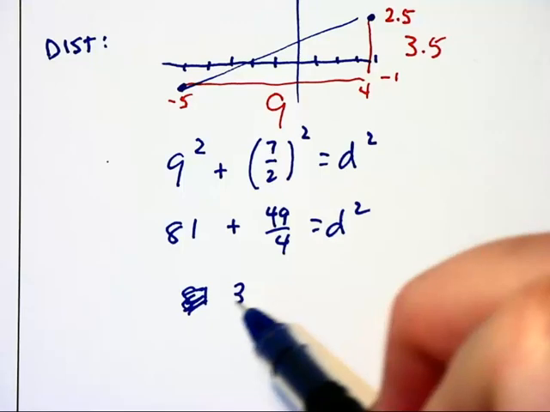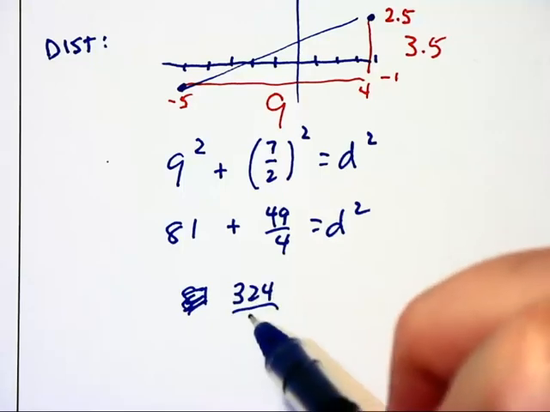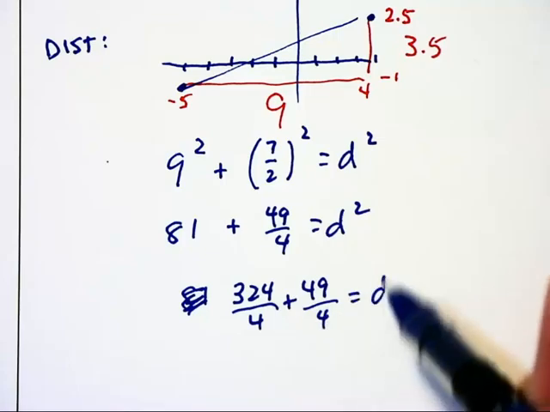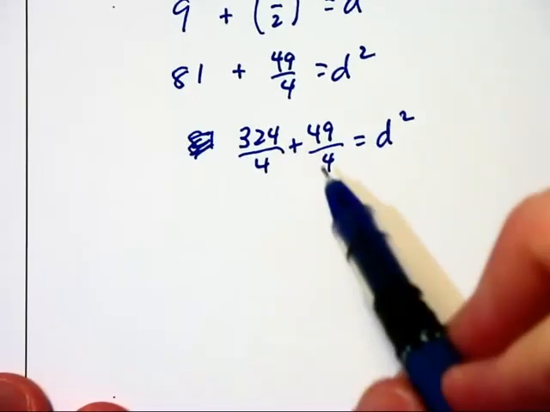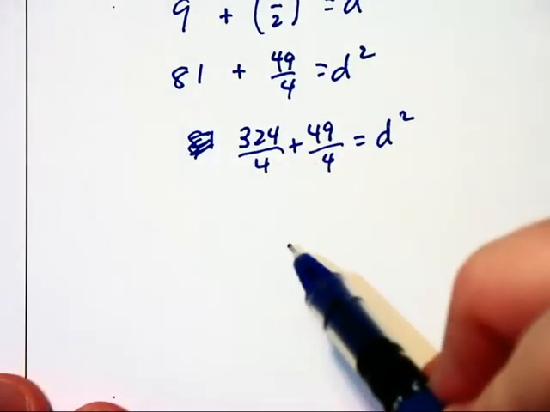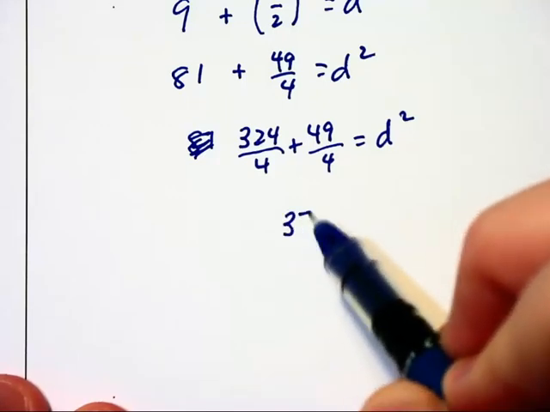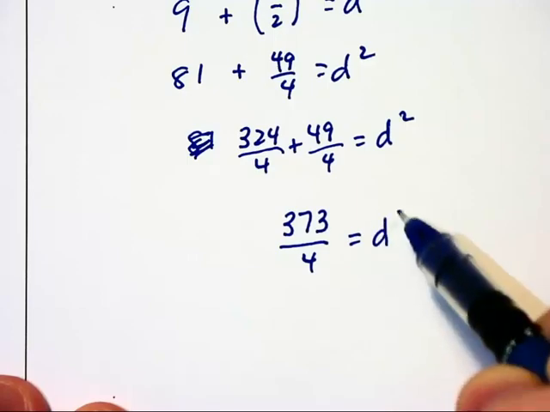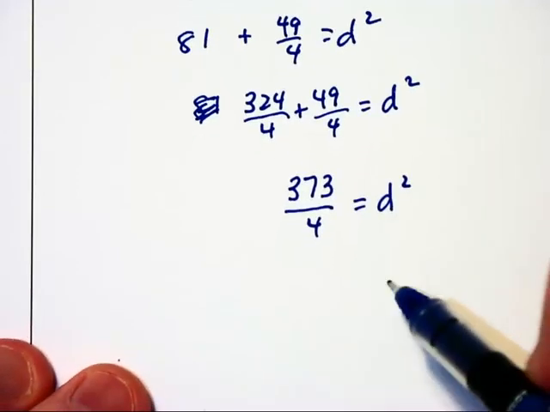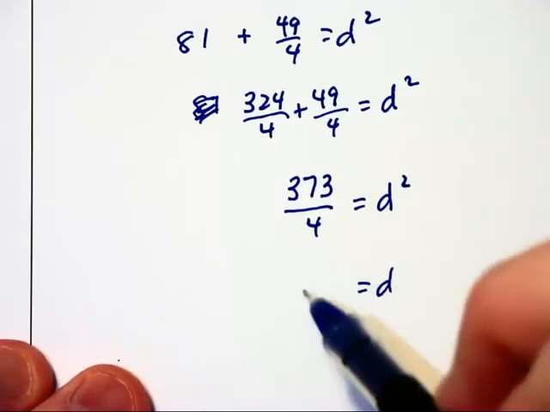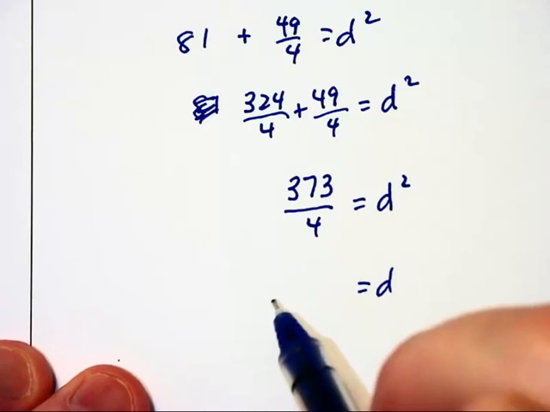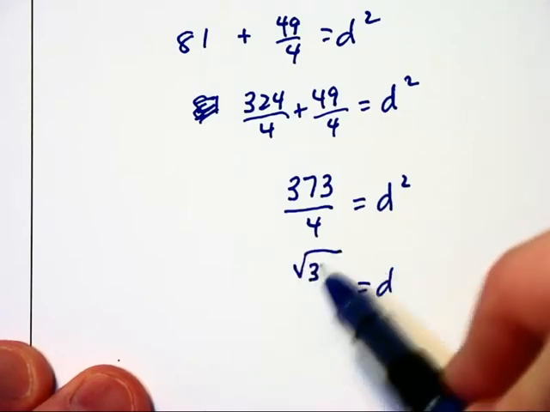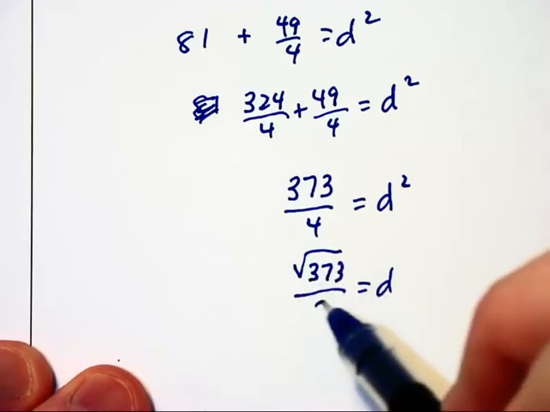Let's make that 324 over 4 plus 49 over 4 is d squared. And then I can add the numerators together. That is going to give me 373 over 4 is equal to d squared. And then square rooting each side, d will equal, and I can ignore the plus or minus sign because I know we're dealing with distance here, the square root of 373 divided by 2.